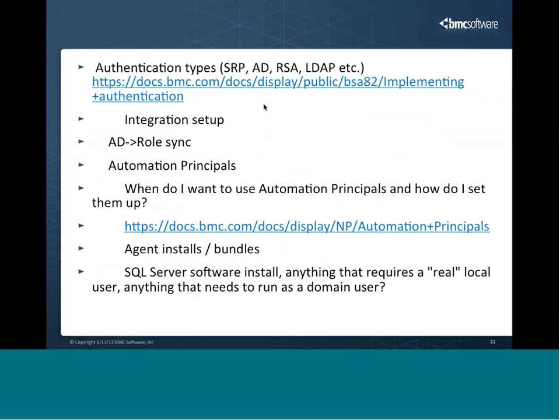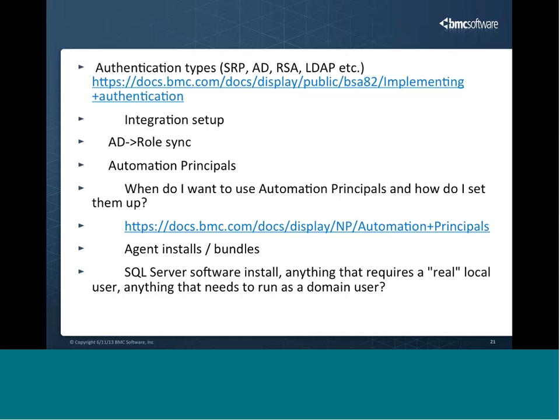Next, one of the most common integrations is done with Active Directory, where both role user membership is synced over from Active Directory, and authentication can also be done to Active Directory. There are other configurations, including the RSA SecurID token, LDAP, and a couple others. There's a great doc on it right here that I can point you to.